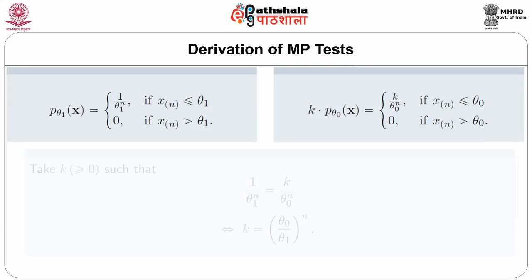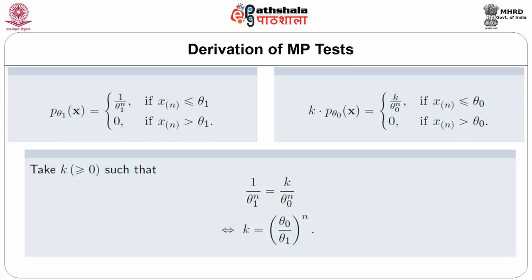Write k p theta naught x, k is a constant, k by theta naught to the power n if X order n is less than or equal to theta naught and 0 if X order n is greater than theta naught.